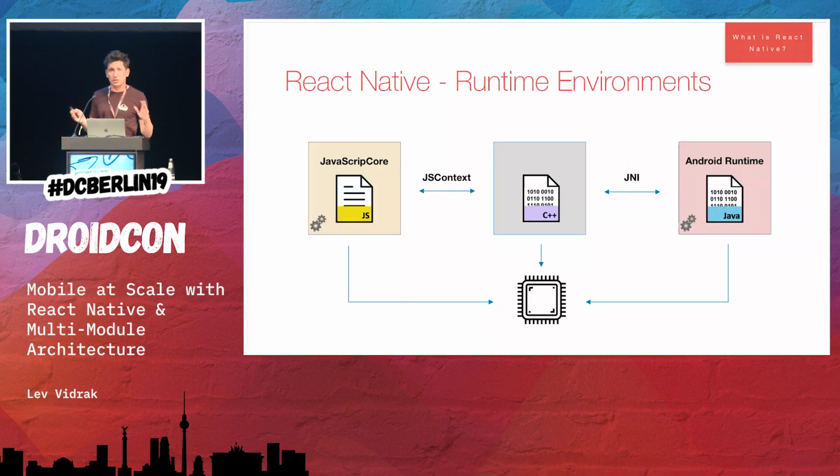To understand how it really works, we need to look at the runtime environments of React Native. In Android, we have the Java code that runs inside the ART, the JVM. And part of the JVM, we have the JNI, the Java Native Interface, with which we can communicate with the C++ code on the host device.